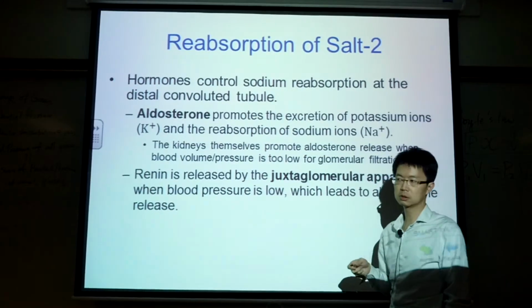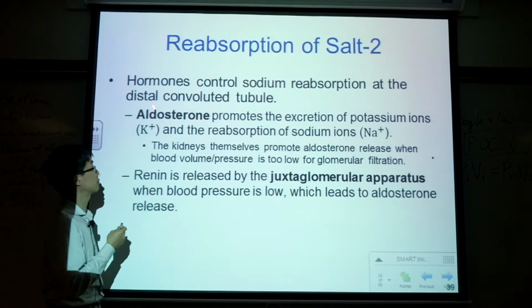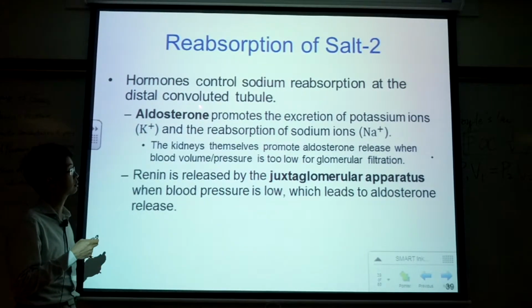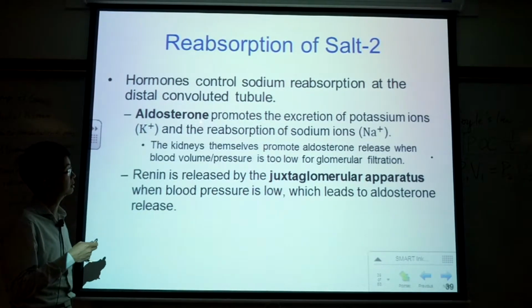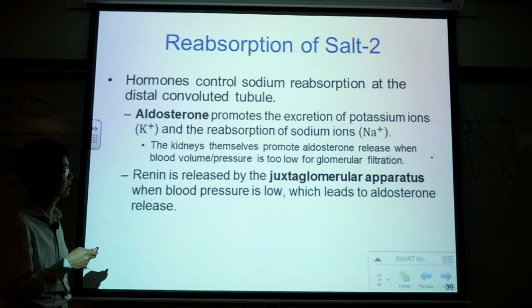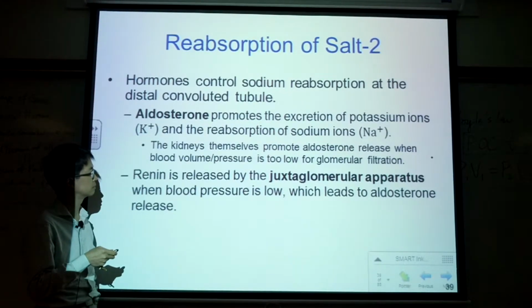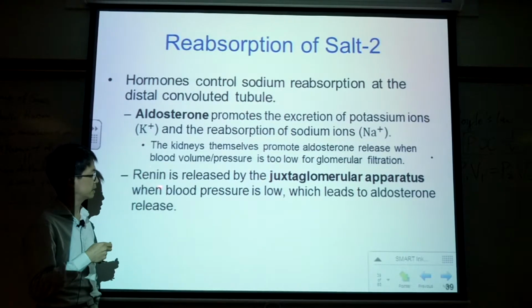So what controls the reabsorption of the sodium? It is the hormones, okay? Hormones like aldosterone. Aldosterone promotes the excretion of the potassium ions and the reabsorption of the sodium ions. So what happened is that renin is a protein.